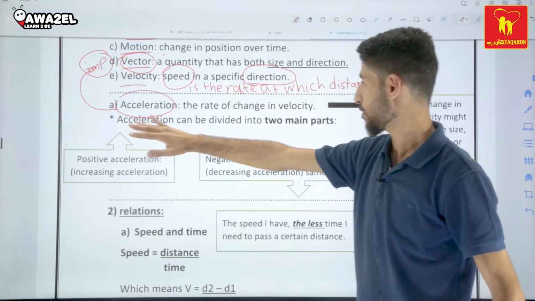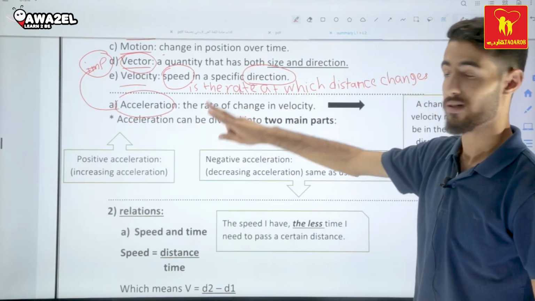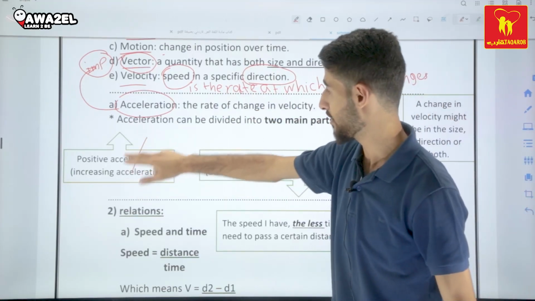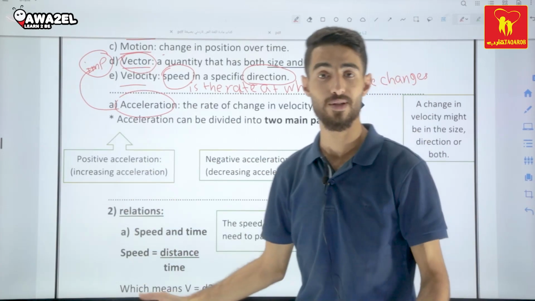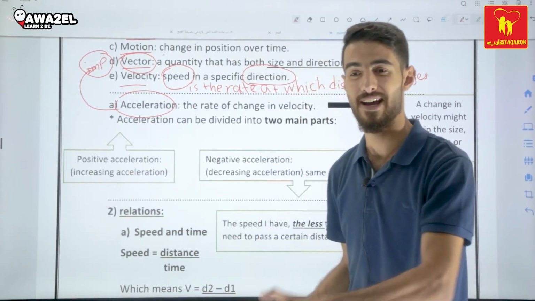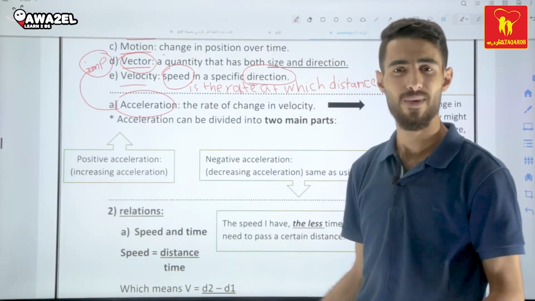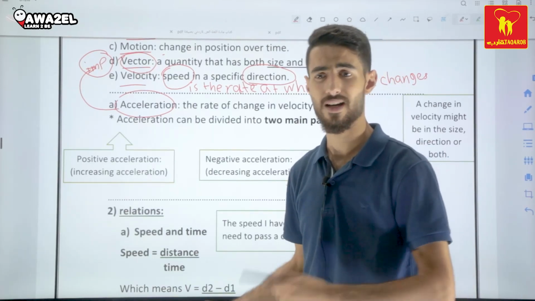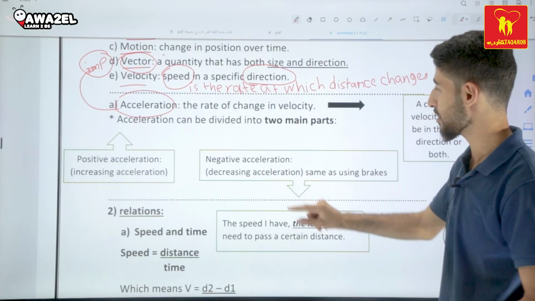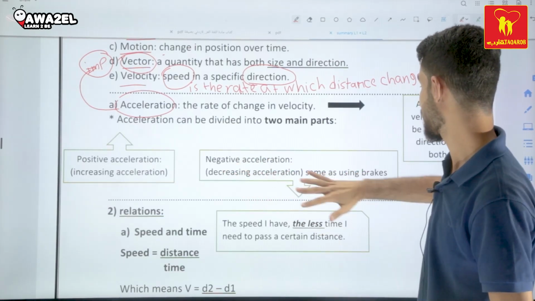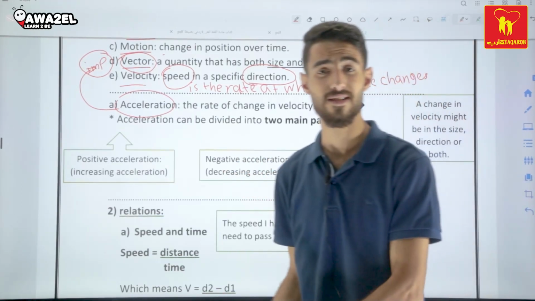Now, acceleration can be divided into two main parts. The first is positive acceleration, which happens when I have an increasing acceleration, which means my speed is increasing. I have an increase in velocity, okay? And negative acceleration, decreasing acceleration, same as using brakes.